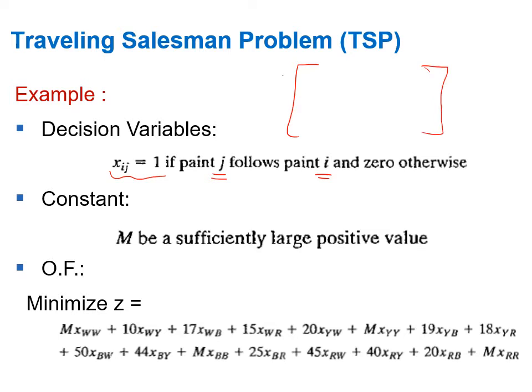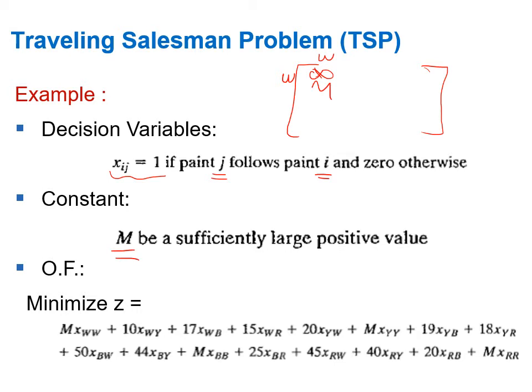From white to white, you cannot go from white to white, therefore we place an infinite value over here. You cannot use infinity in Cplex. You need to write a numerical value, therefore we represent it by big M, that big number.